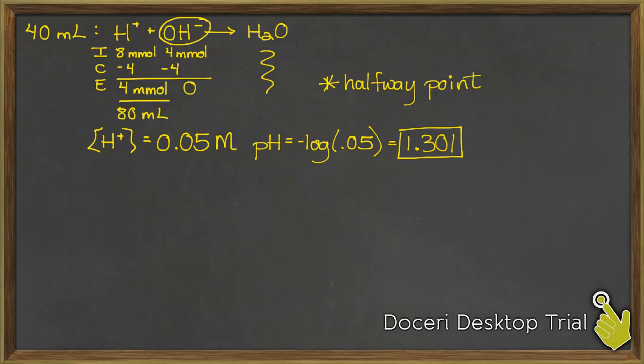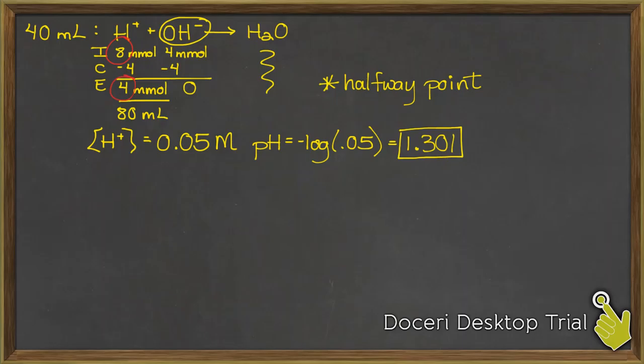And what that means, guys, is if you look at this, we had this amount of acid. We had 8 millimoles of acid. Do you agree that I have added enough base to neutralize half of that acid? That's what the halfway point means.